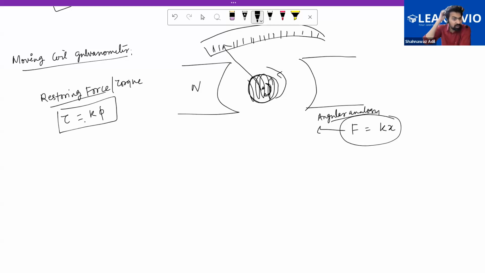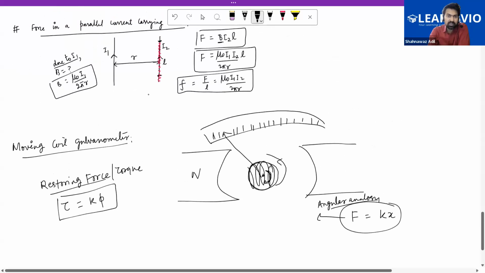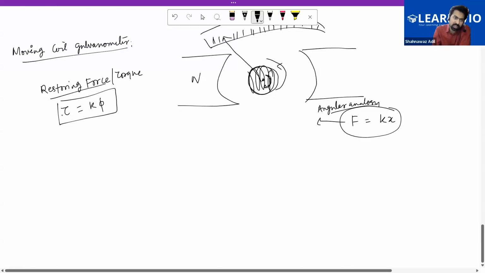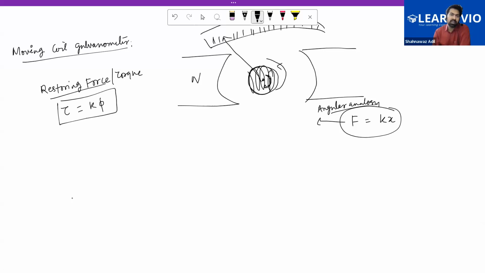Before I talk about this torque, let us talk about the torque in a magnetic field.